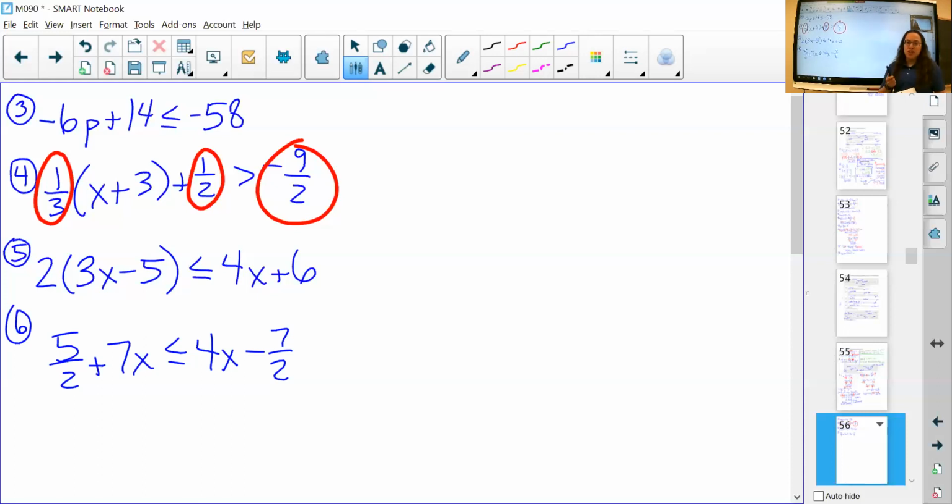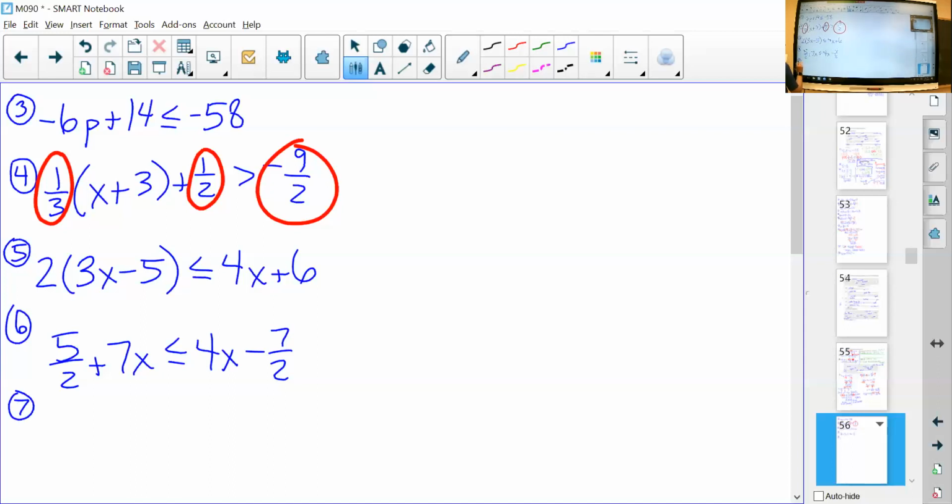I can't check 0 twice. So 0 is the critical value. Then I'm going to plug in something else that's easy. Maybe 1, maybe 100, whatever I want, just to give me those 2 different checks. And that may be on this problem, that may be on another problem.